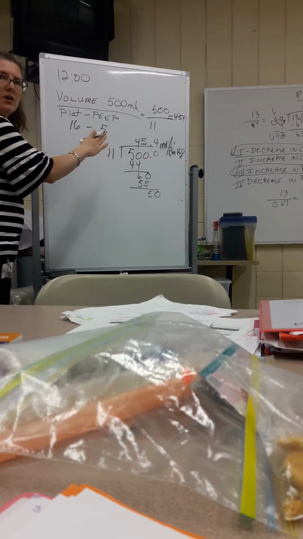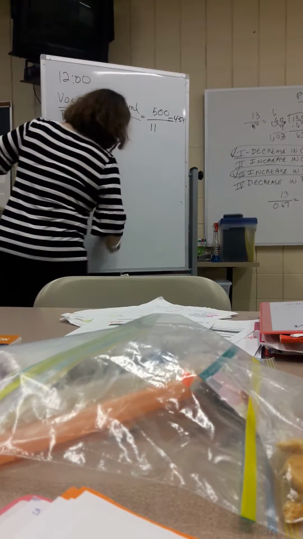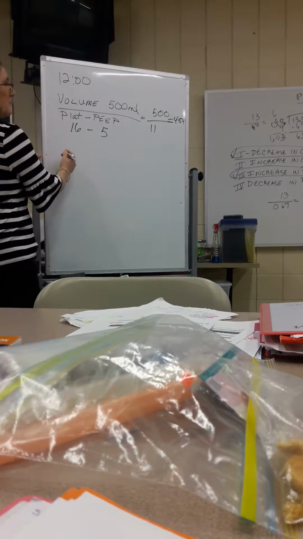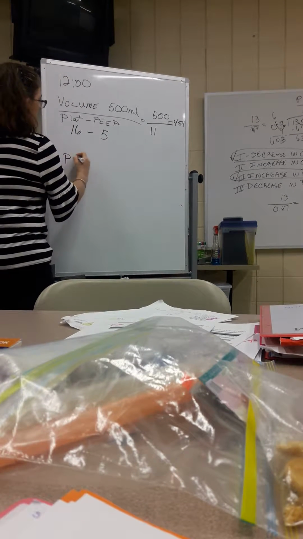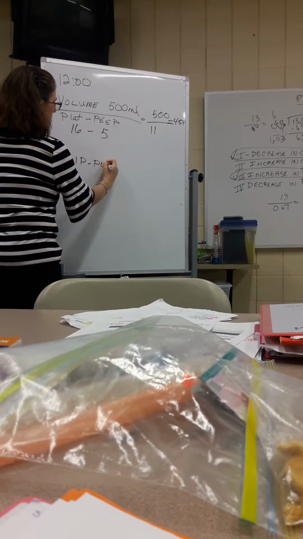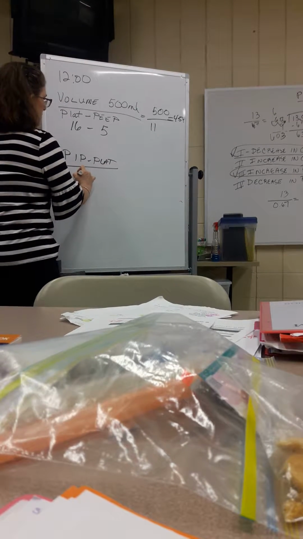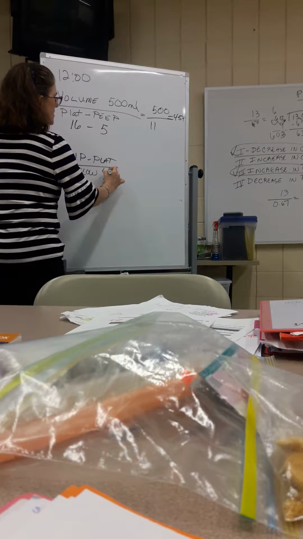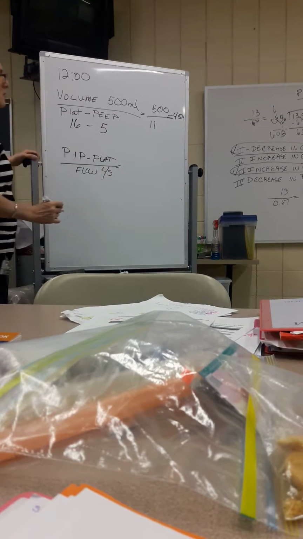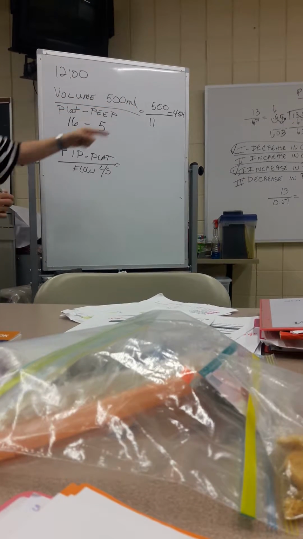Can I erase this bottom part? Okay. So now for airway resistance, right? I'm going to take my PIP minus my plateau, and I'm going to divide it by my flow, which has to be in liters per second. So when I look at 12 o'clock, my PIP was 32, my plateau was 16.